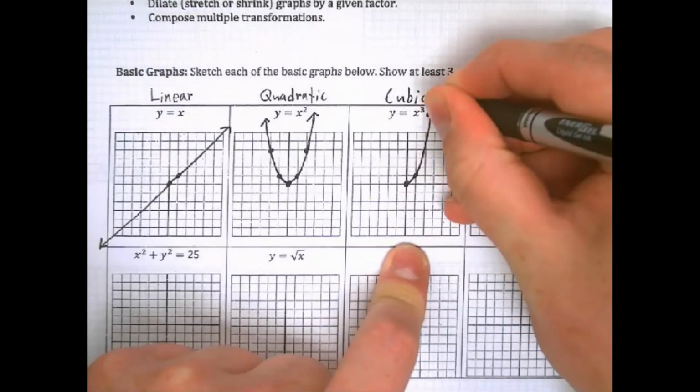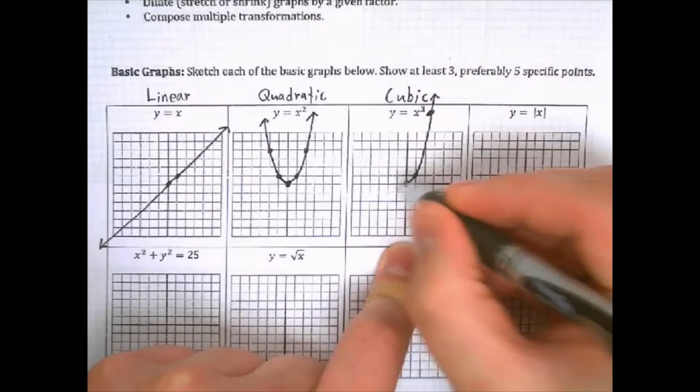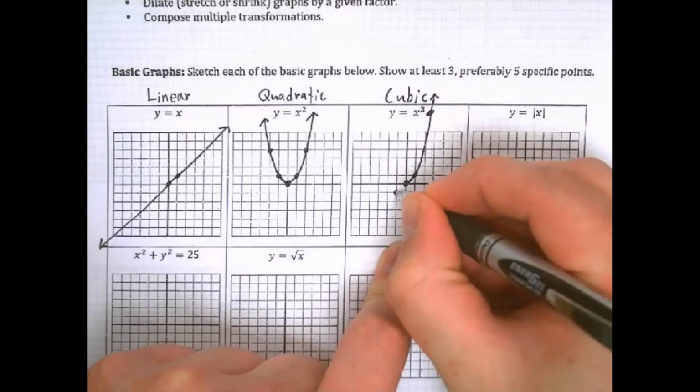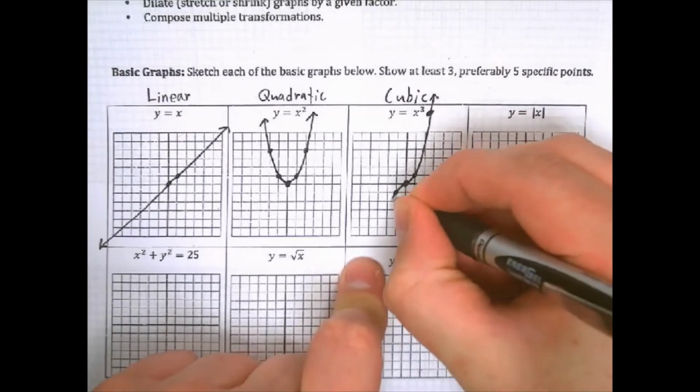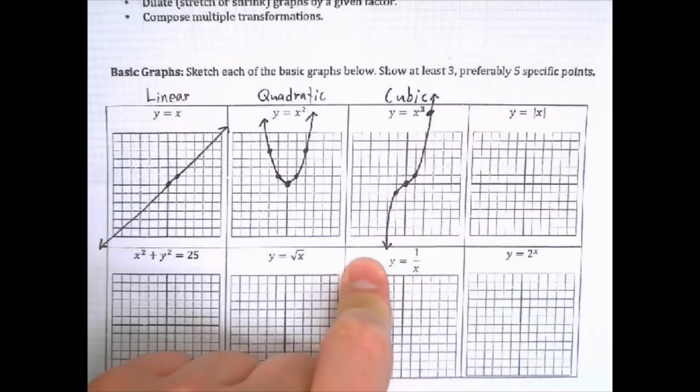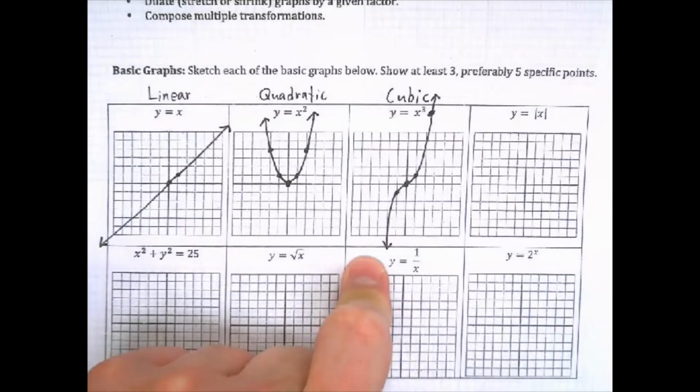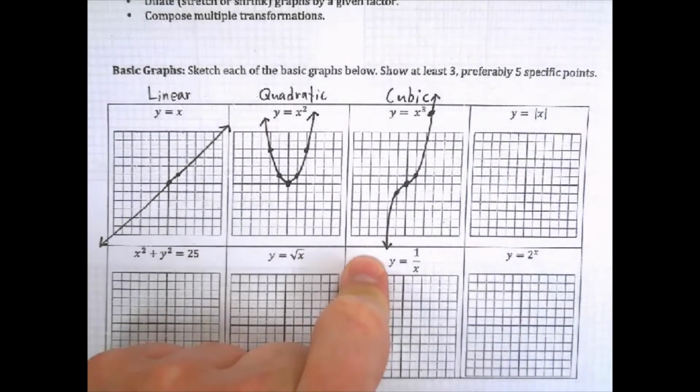Since it's odd, it's going to be able to calculate the negative numbers, so then it almost looks like a lazy parabola on the left-hand side, but the right side goes up to positive infinity.